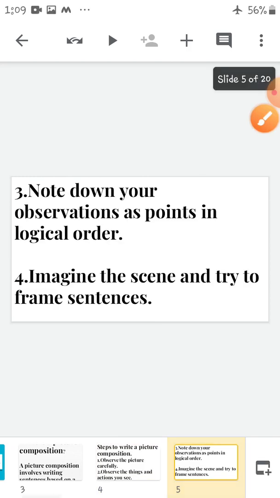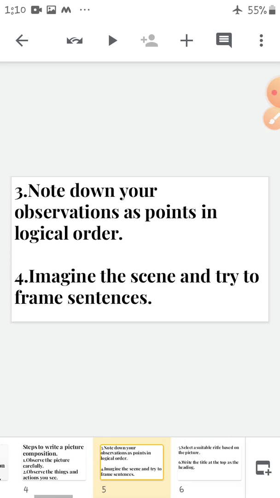Then note down your observations as points in logical order. You have to write down whatever you see in that picture. Then imagine the scene and try to frame sentences. Imagine the picture in your mind and write the sentences.